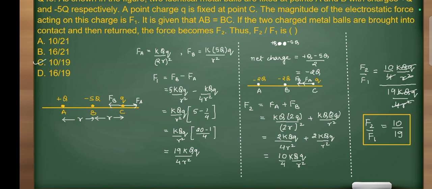When we calculate the net force on charge q in this situation, it will become 10 by 4 kq divided by r square. After this we take the ratio F2 by F1, which will become 10 by 19. So option C is correct.